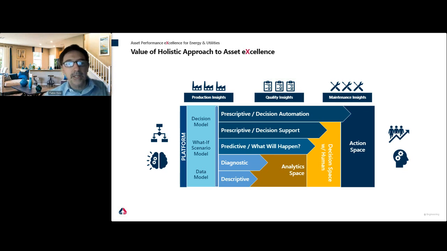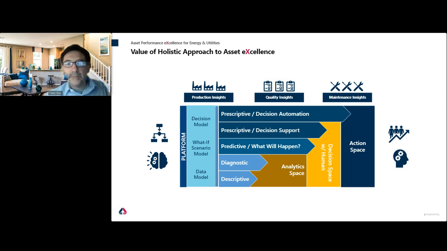Okay, here, in Engineering we have a holistic approach to asset excellence. For us, the platform based on Siemens technology is really the base for creating data models, what-if scenario models, and decision models in order to support this journey.